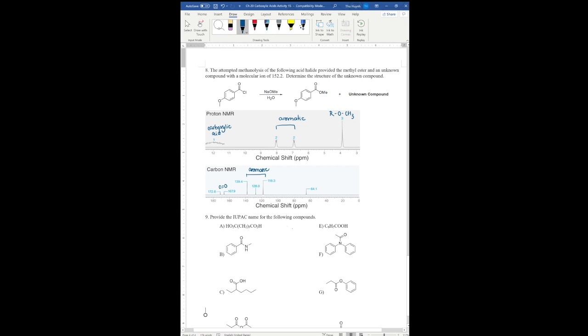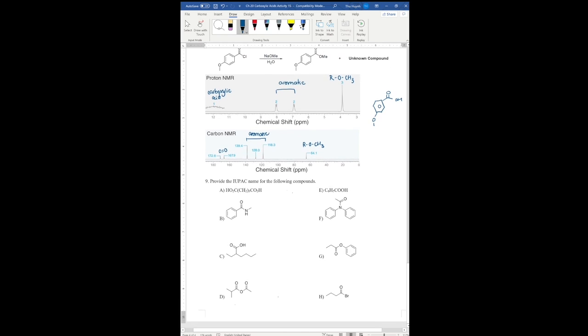And lastly, at 64, we have a methoxy group indicator. Based on our carbon and proton NMR, we can conclude that our structure has an aromatic compound within it, also a carboxylic acid, and an ether group. So that should be your final compound.